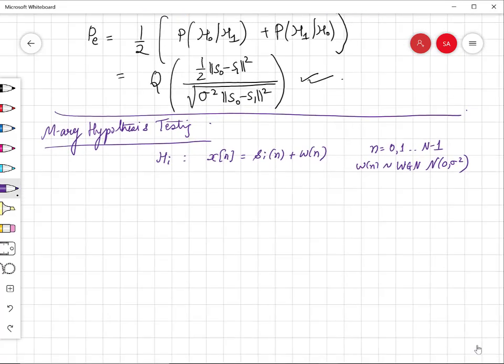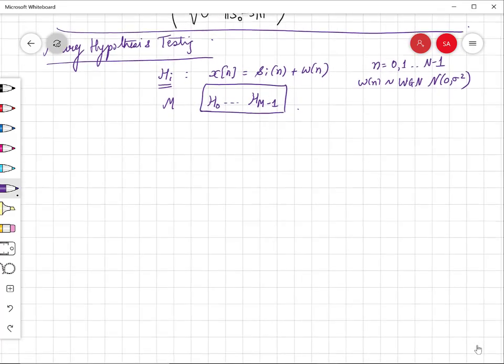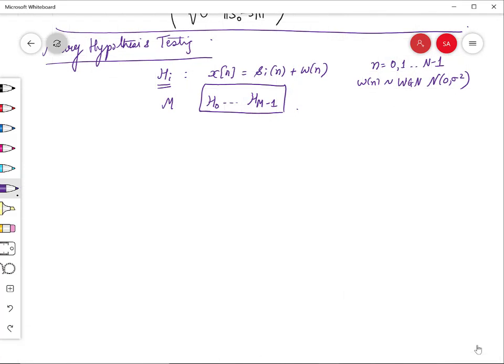So we now don't just have two hypotheses, but we have multiple, M, hypotheses. So H0 to H of capital M minus 1 is the number of hypotheses in our case. So we can do a similar analysis as we did before.